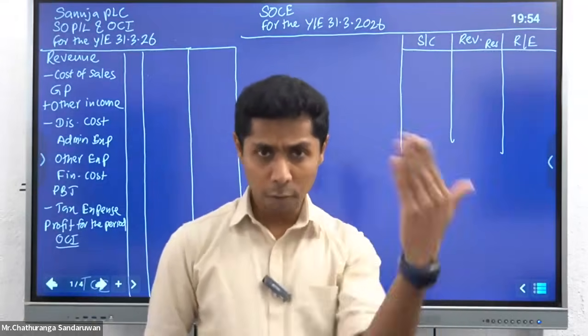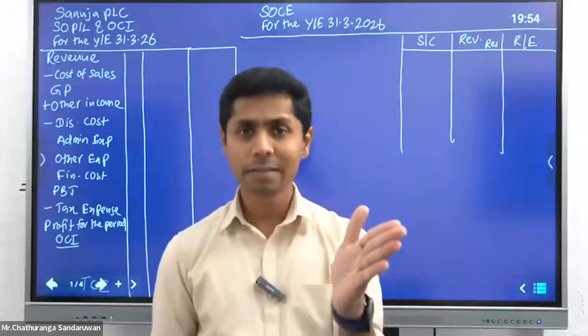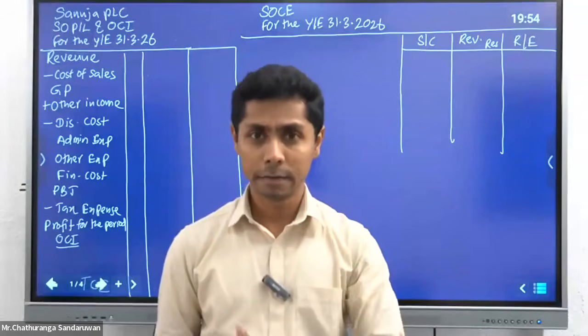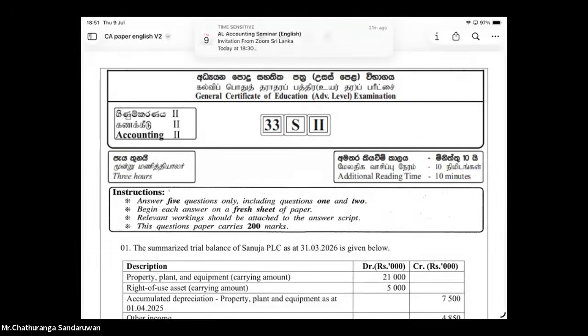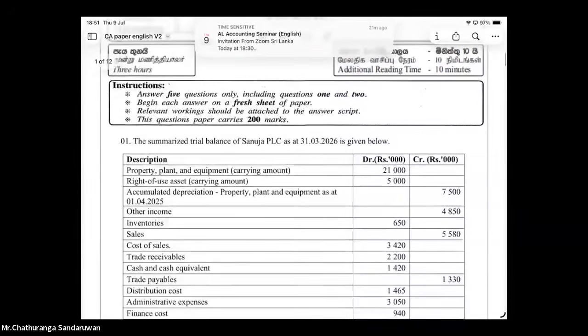particularly the introduction, the trial balance items without figures, like this, right? So what does it say? The summarized trial balance of Sanuja PLC as at 31st March 2026 is given below. You just read the items, right?